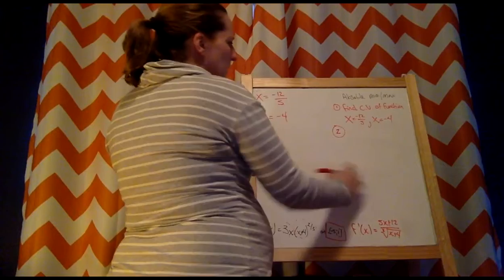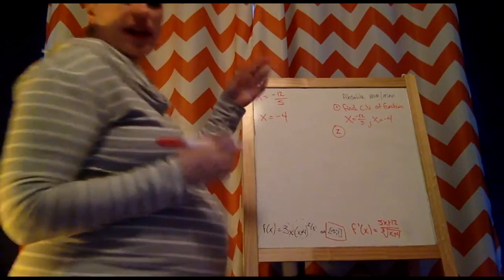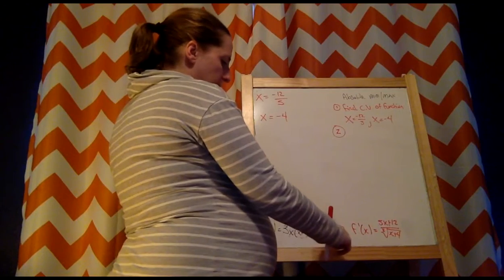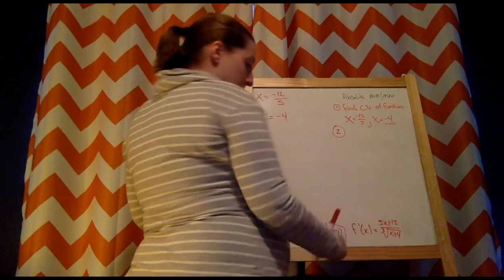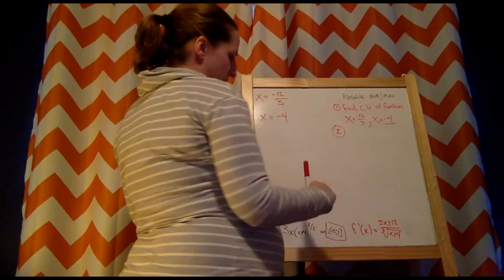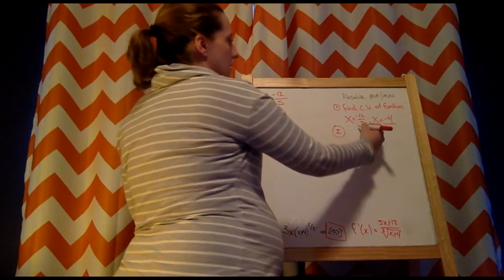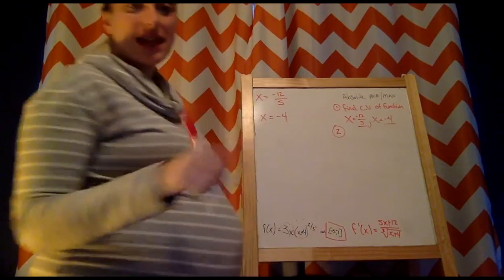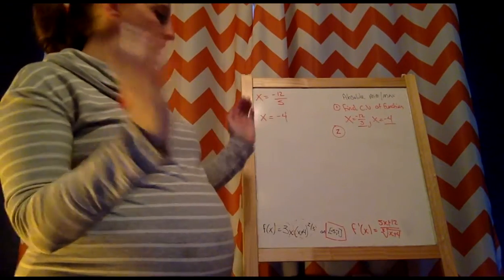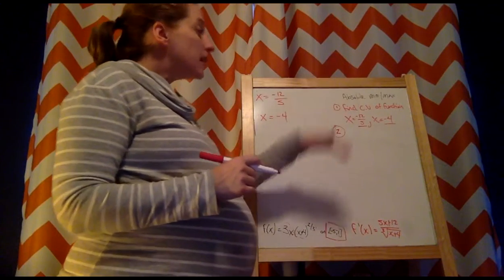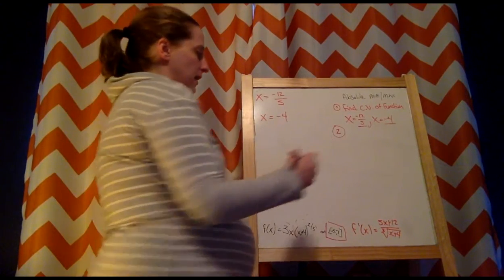In particular, we're going to ask which of these critical values falls within this interval. Well, -4 is between -5 and -1, and -12/5 is between -5 and -1. In this case, both of our critical values fall within the interval that we care about, so we're going to include both of them in our next calculation.